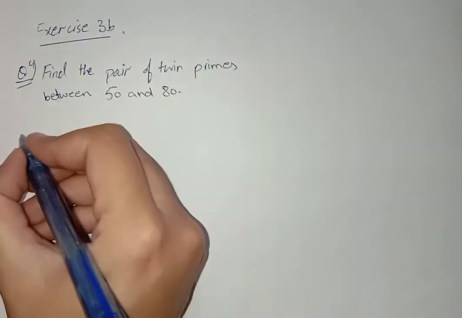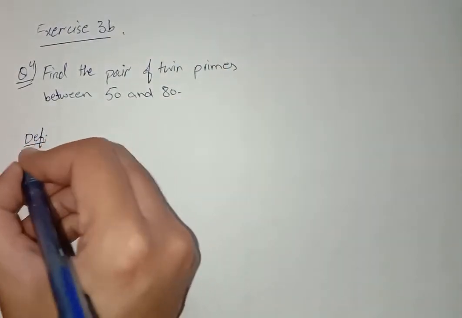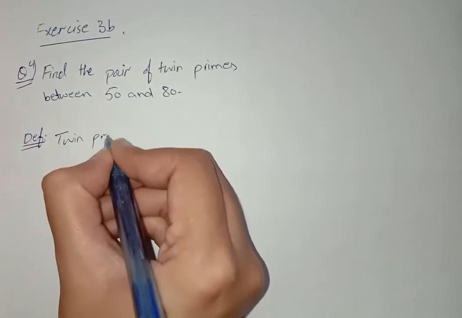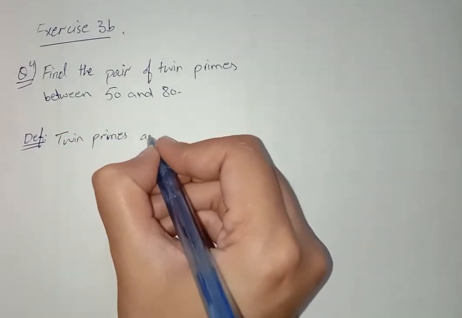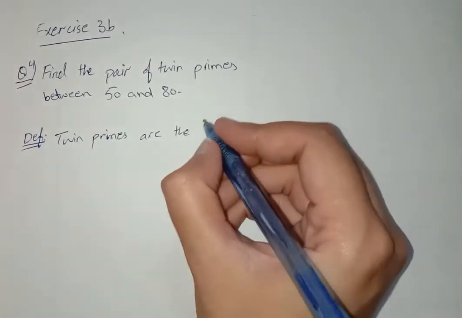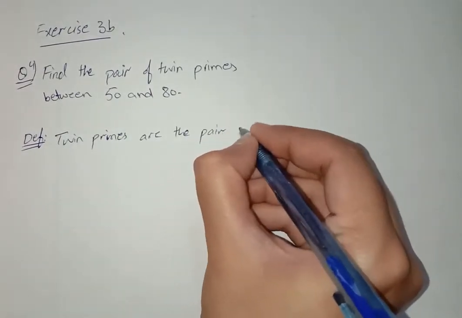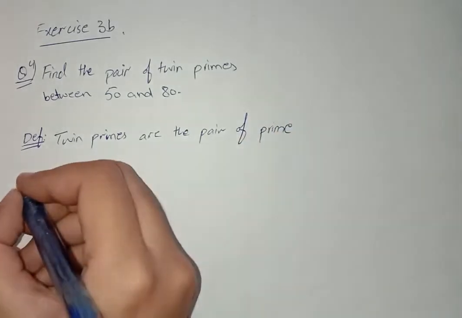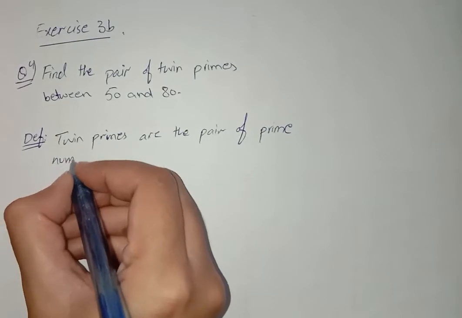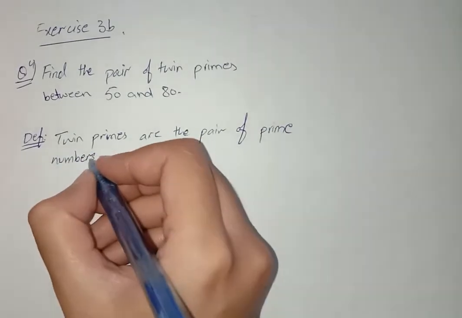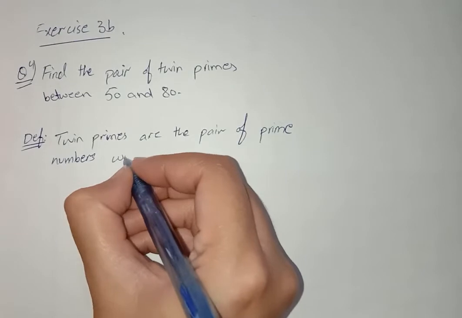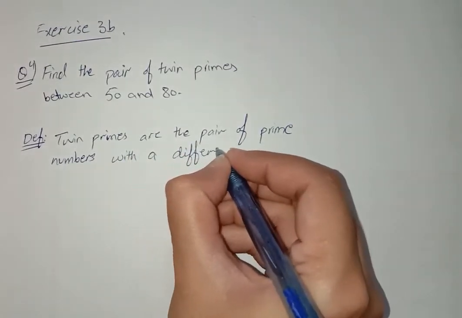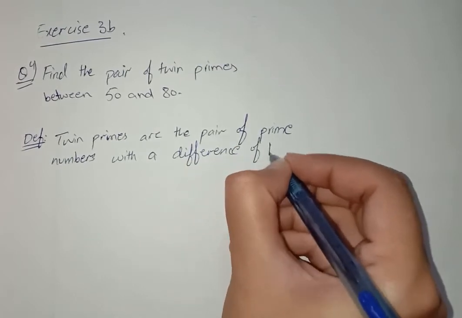Definition of twin primes: twin primes are a pair of prime numbers with the difference of 2.